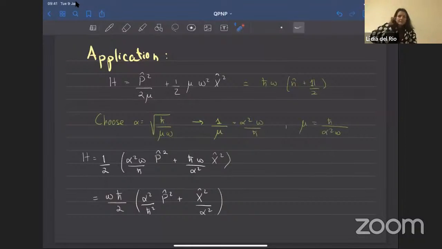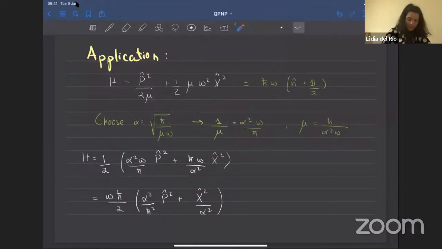All right, here we're back. Okay. So we just wrote it in this way because now we have them in a form that makes it much, much easier to transform to the A and A dagger operators.